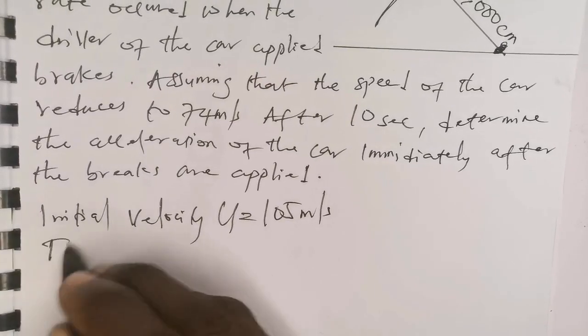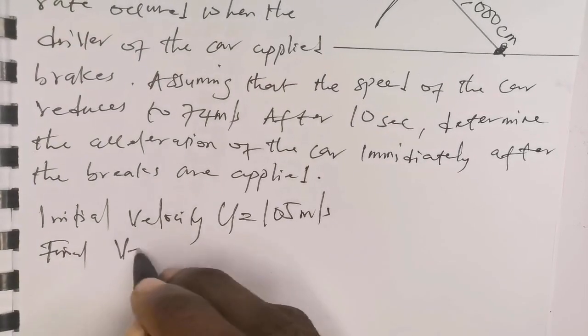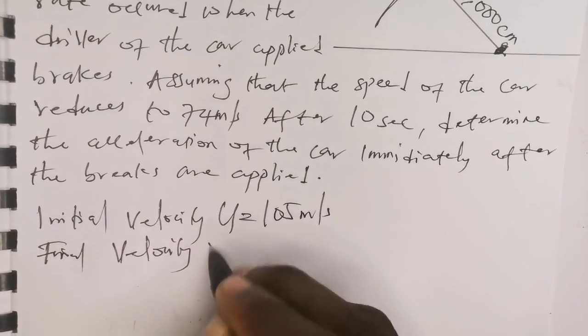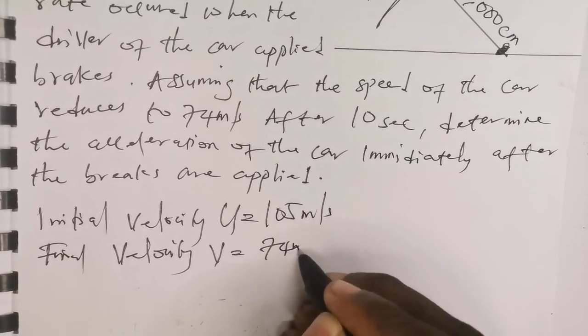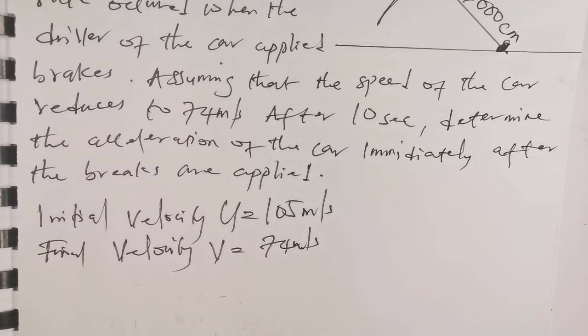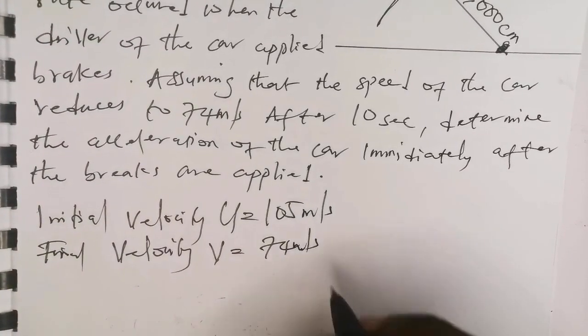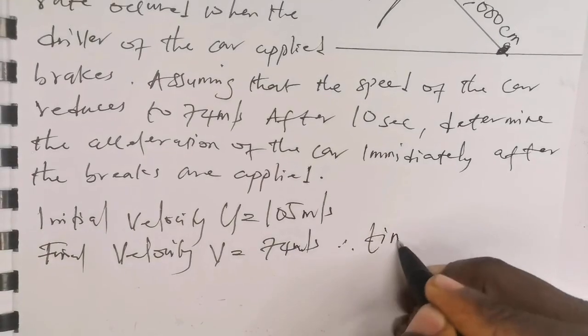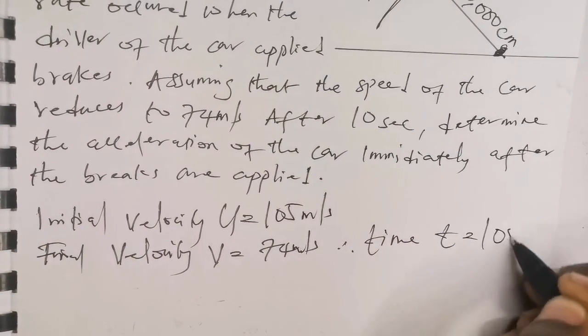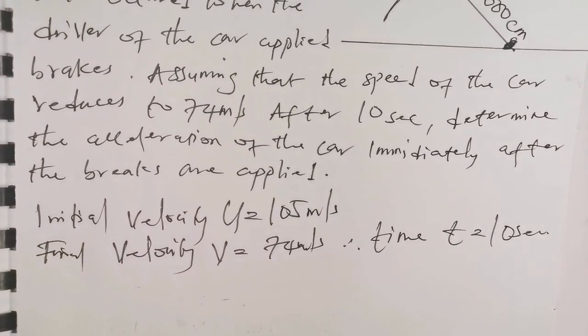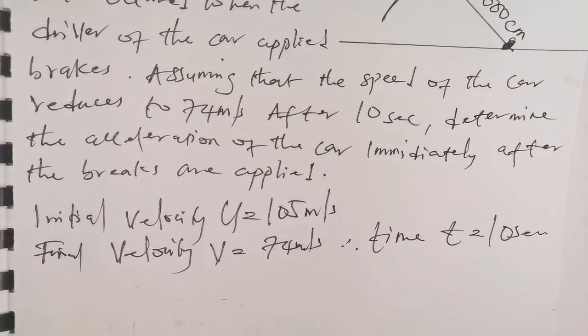So the final speed or final velocity, which is v, is given as 74 meters per second. You're asked to find the acceleration in 10 seconds, and time t was given as 10 seconds. But let's go through this curved path and see.